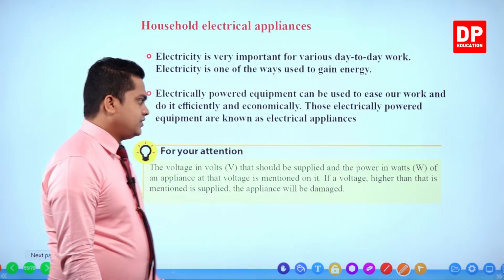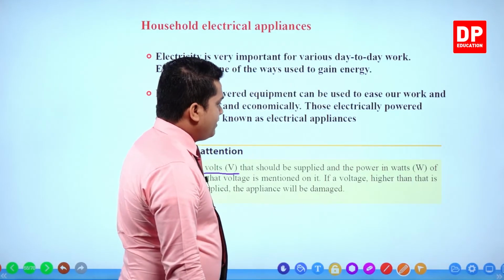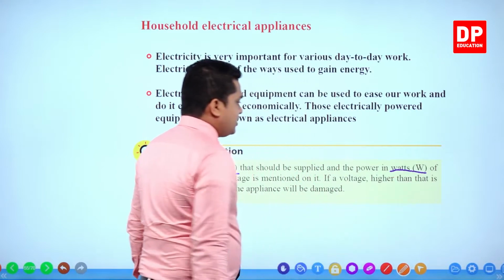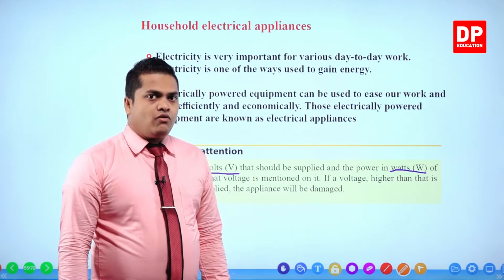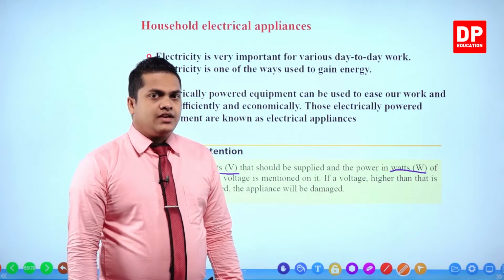Okay. For your attention, once again, another important fact is given. Let's see. Voltage in volts that should be supplied, and power in watts. Actually, power means the amount of electrical or whatever type of energy used by a certain instrument.